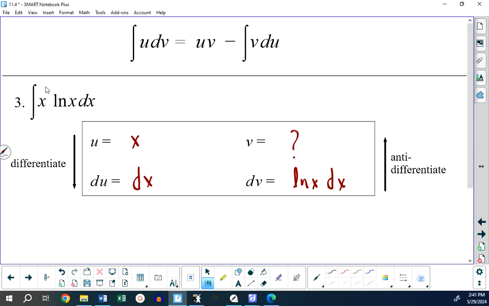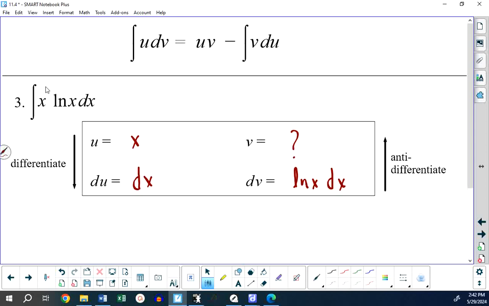In fact, to find the antiderivative of ln of x, you need to use parts. You cannot look at ln of x and go, I know what the antiderivative is. I'll tell you what the antiderivative is a little bit later. So even, forget about x cubed, even if it were x ln x, you do not want to choose the part that becomes simpler, because the other part is something you don't know how to antidifferentiate.